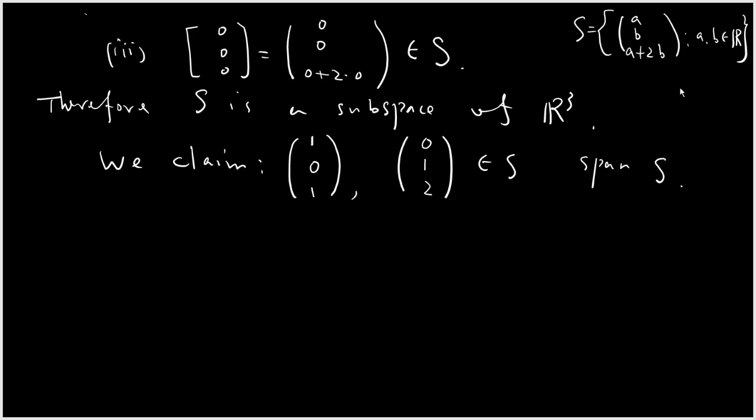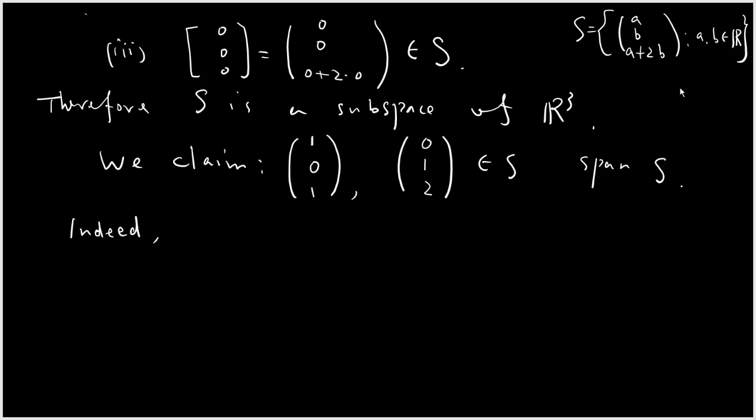By that we mean we want to show every vector in S is a linear combination of these two vectors. In fact, can I write another weird word? Indeed. That's a wording my PhD advisor always used.